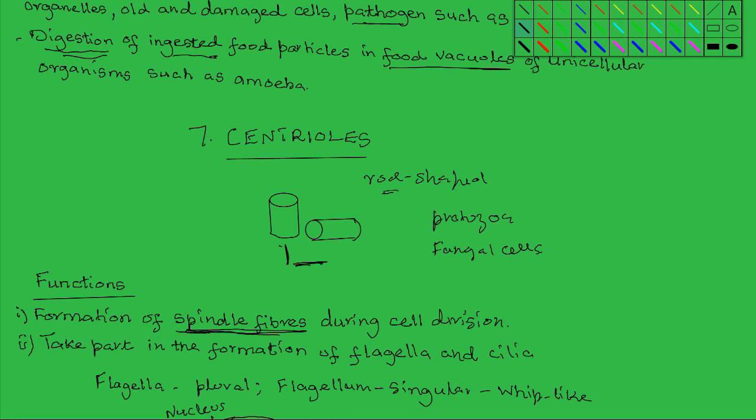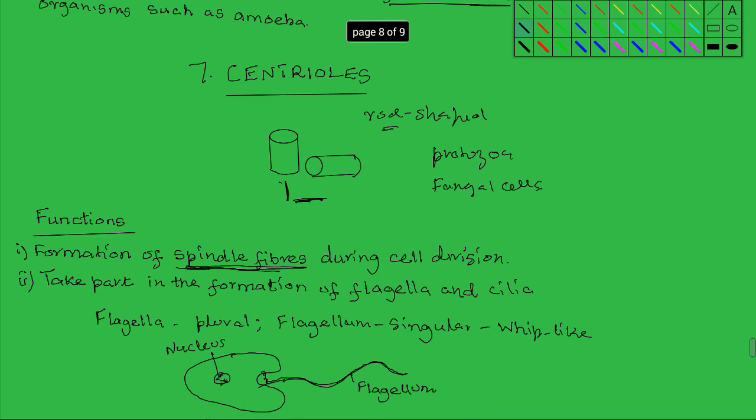Now there are two types of projections. We have the flagella and cilia. Flagella, that is a plural, singular is flagellum, is a long whip-like projection from the cell surface that is used mainly for locomotion.